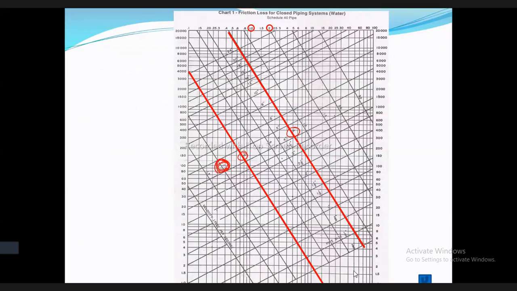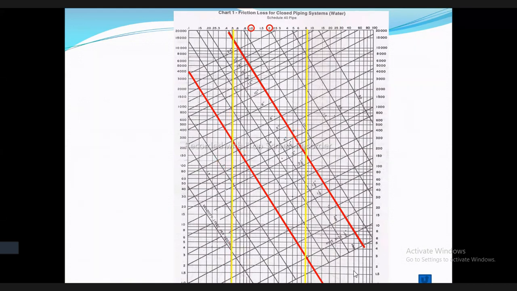And on the upper side, I should not cross 8. Then for frictions, I have marked 0.5 and 8. Higher the friction, higher will be the head. So I will always try to be very close to this line. I hope it is clear.